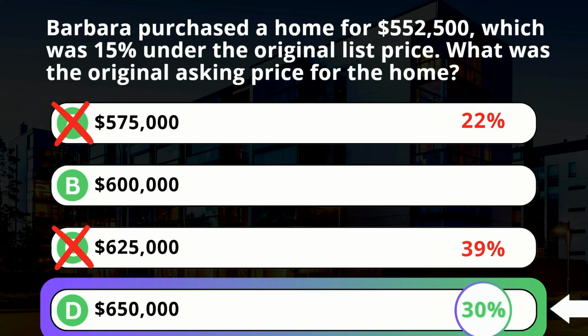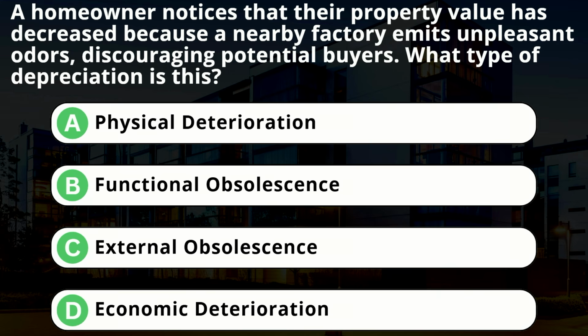You need to understand that 85% is what she spent for the property. And that's the big trick here to be able to do something like this. So hopefully something like this will come up, and now you know how to do it, so you're going to nail it.